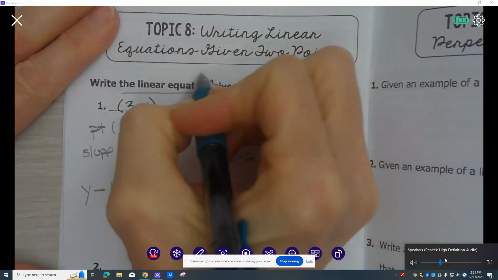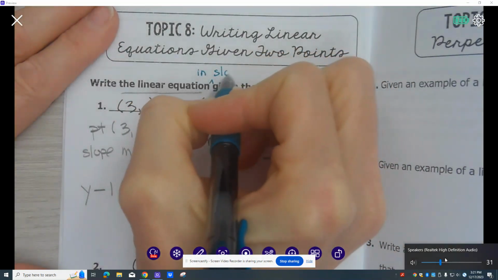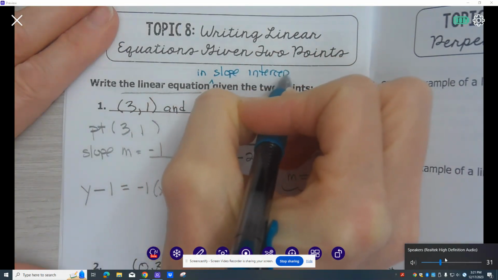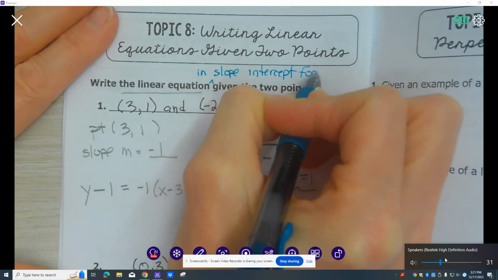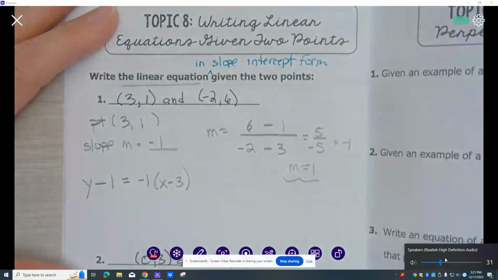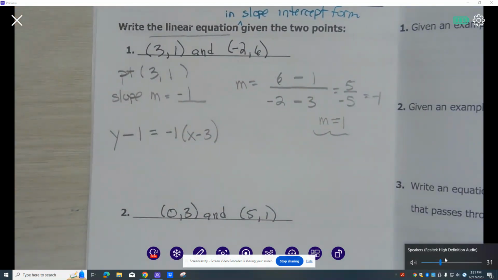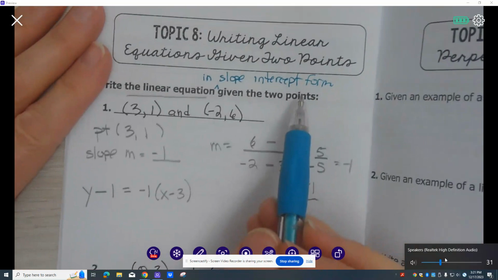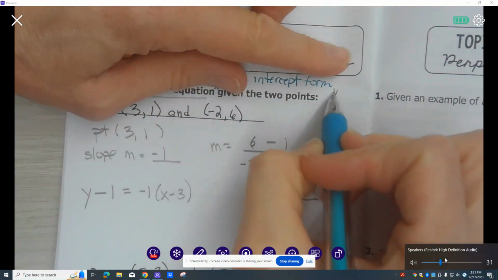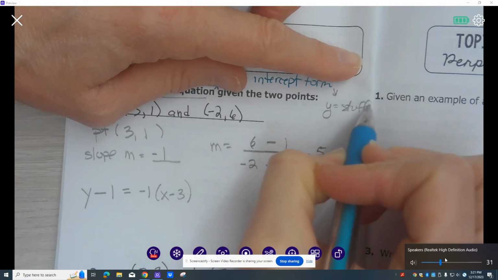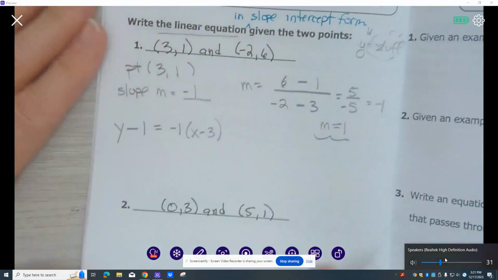I'm going to say write a linear equation in slope-intercept form. So this equation that I just wrote, we want to do some algebra on this so we get y alone. If we're writing it in slope-intercept form, remember the equation needs to look like y equals stuff, y all by itself.